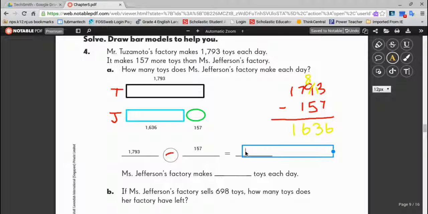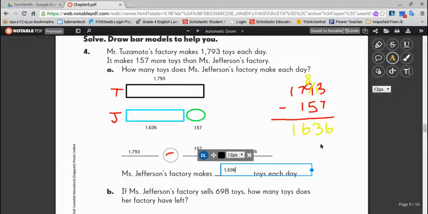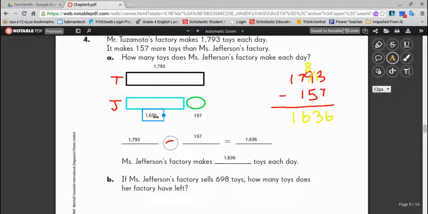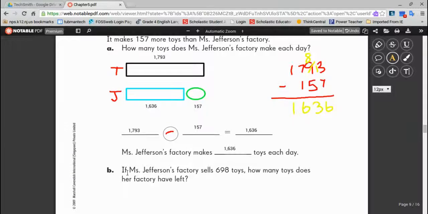So again, here I'm going to put my answer again, 1,636. And here, of course, Mrs. Jefferson's factory makes 1,636 toys each day. Okay. And the reason why I put it back into my bar model is so that it makes it easier to do part B.